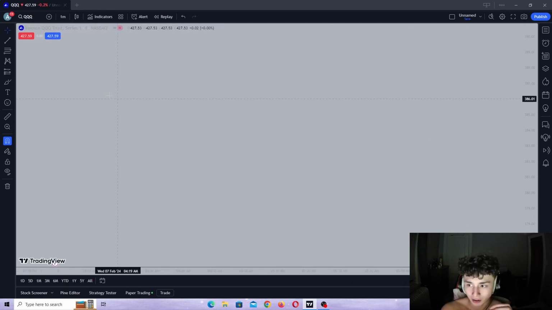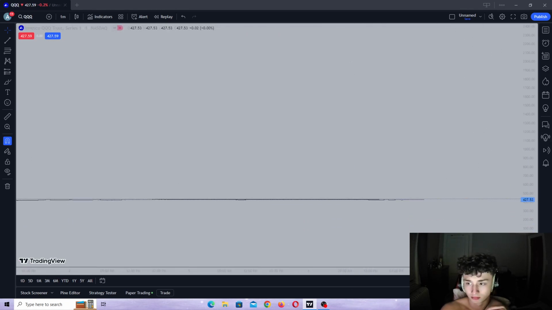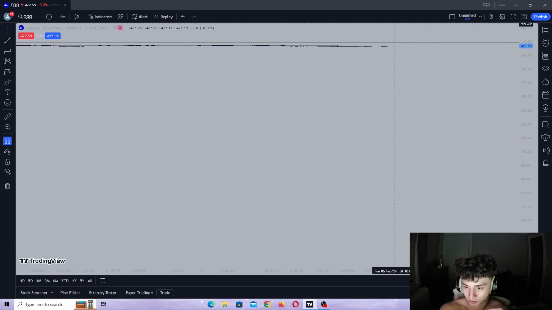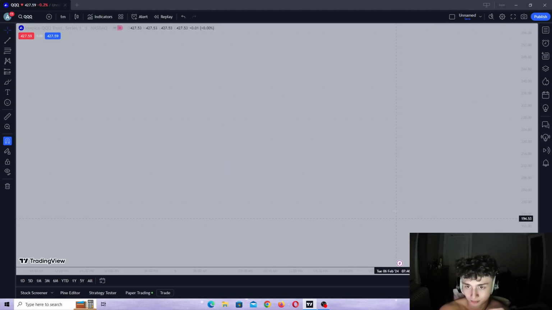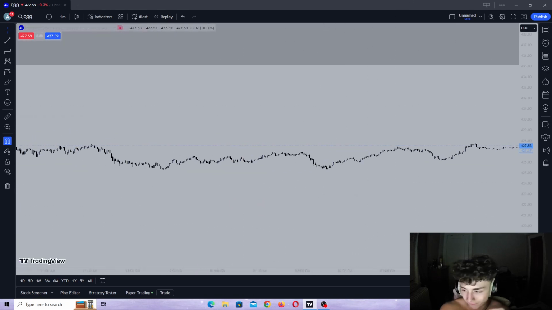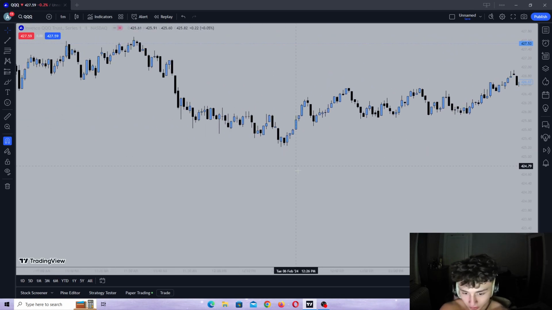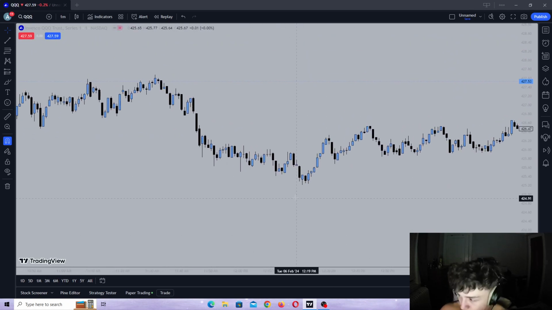If I'm on the 1 minute time frame, if you look at the time on the bottom of the screen, every candle represents 1 minute of time in the market.